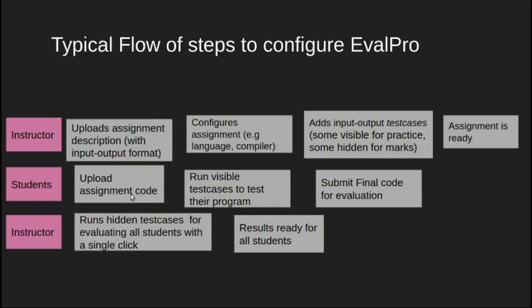Once the assignment deadline is over, then the instructor can run the hidden test cases at any time actually, but typically the instructor will do this after the deadline is over. The instructor will run the hidden test cases, the evaluation test cases, for evaluating all the students, and that's basically one button, and then the results are ready for all the students.